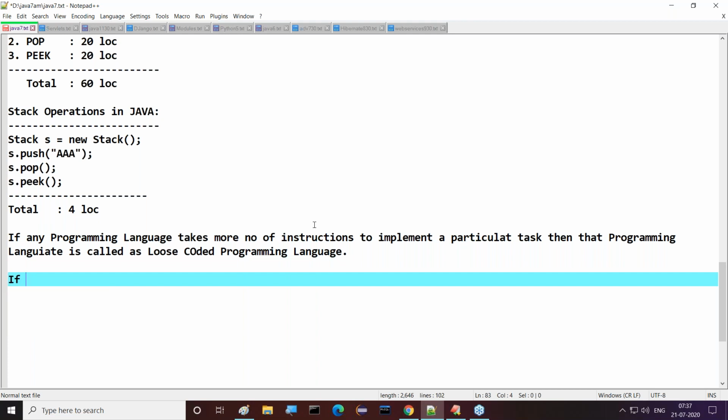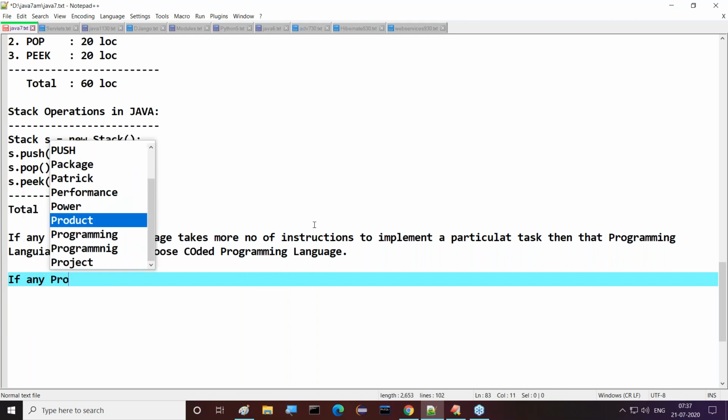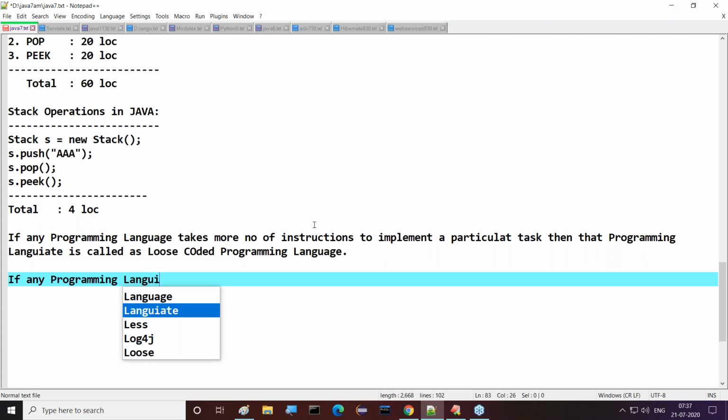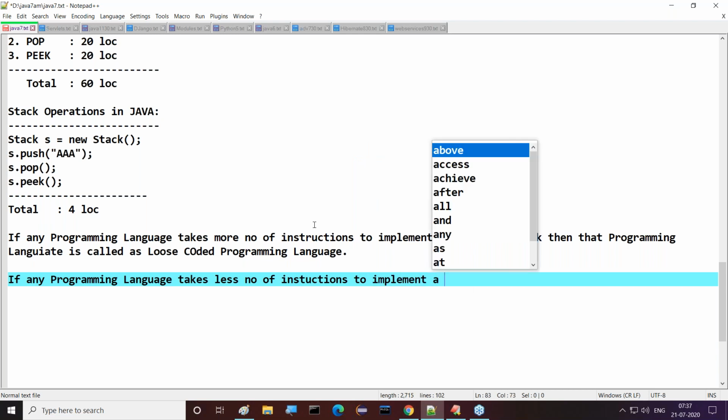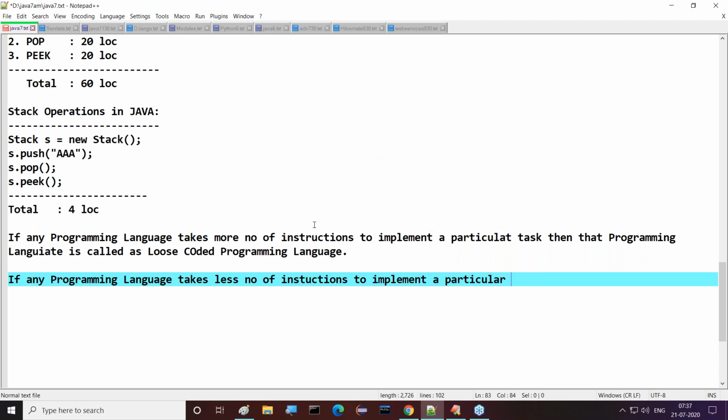Similarly, what is the point I'm telling you?